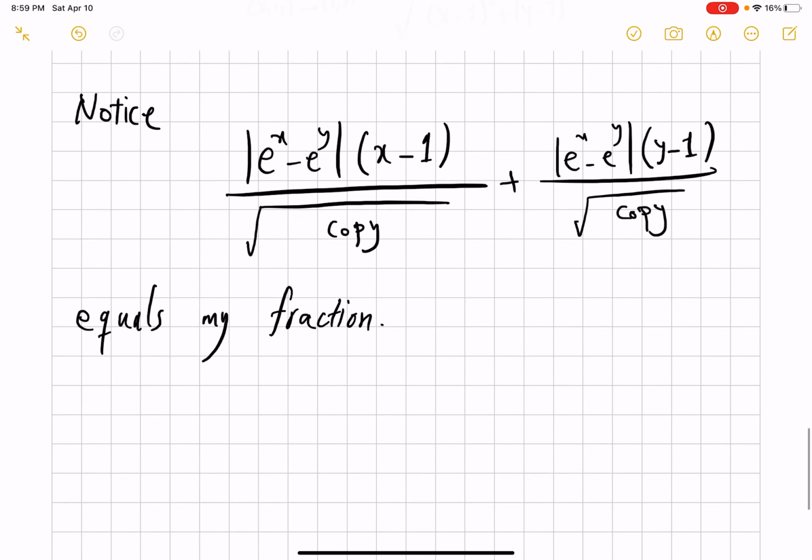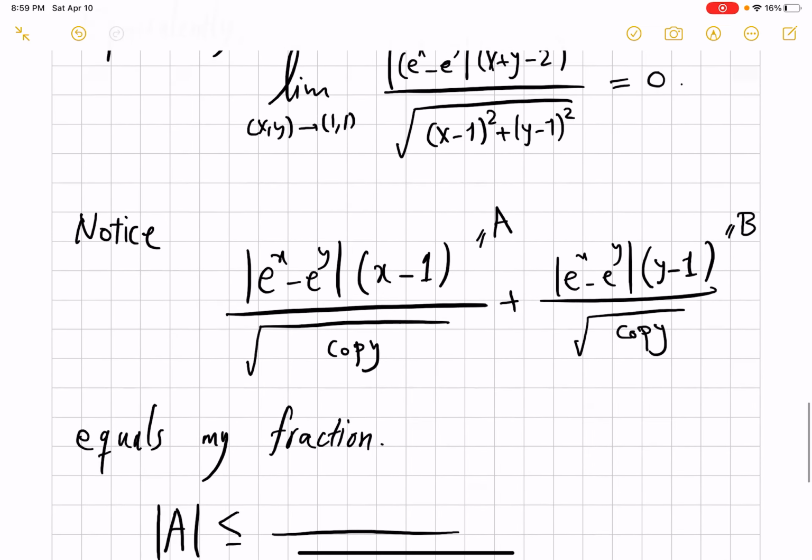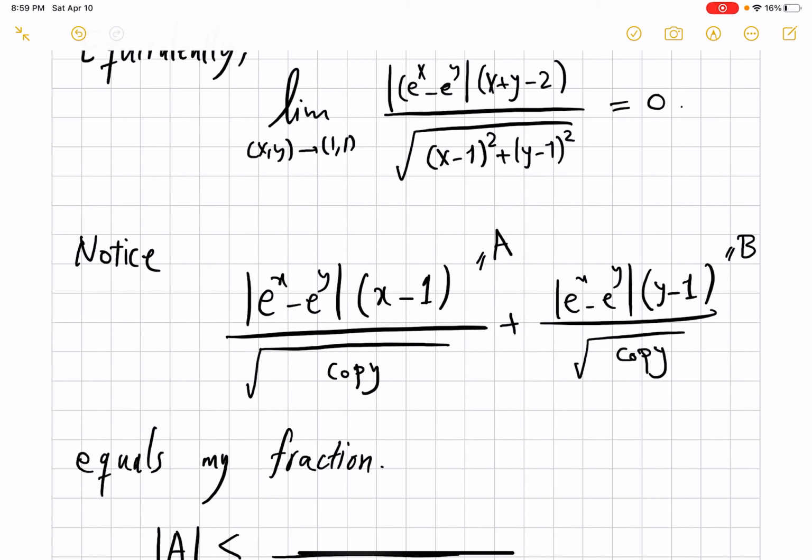So let's give this the name A, and let's give this one the name B. So the absolute value of A is less than or equal to, so remember my denominator is this thing up here.